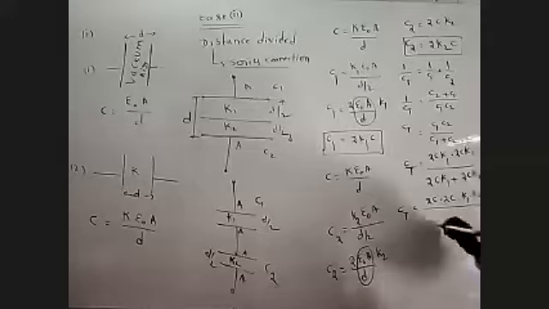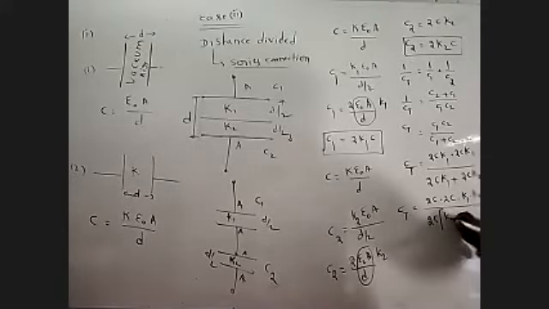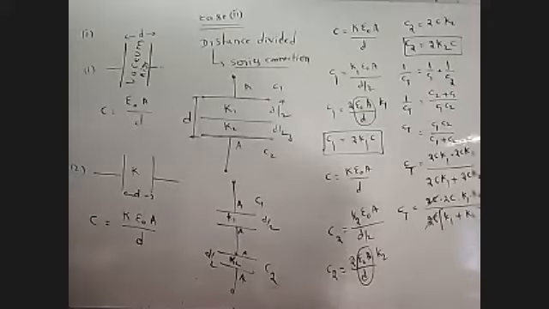C total is equal to, so what is common? In the upper part we have 2C into K1 into K2. In the lower part, 2C is common: taking 2C out, the remaining value is K1 plus K2. The 2C cancel each other.